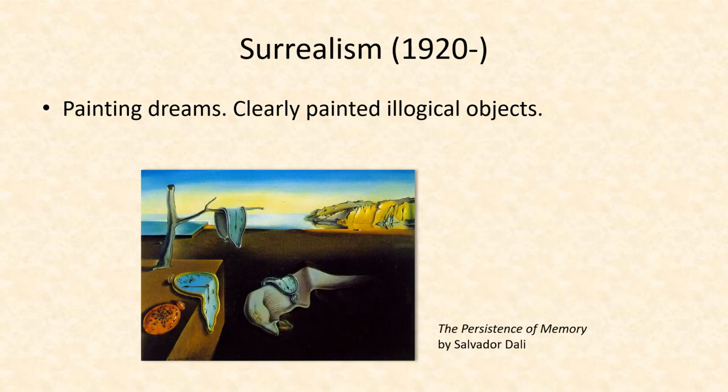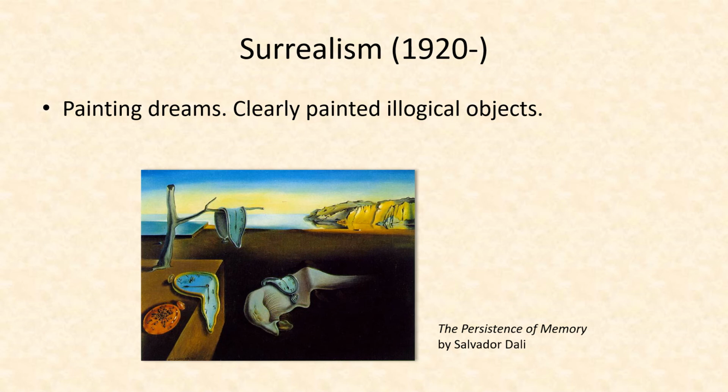We are going to conclude our view of various art periods by considering one last one, Surrealism. In Surrealism, well, we find that in the early 1900s through maybe 1950-ish, we have psychologists working. We have people like Sigmund Freud doing psychoanalysis and looking at dreams.